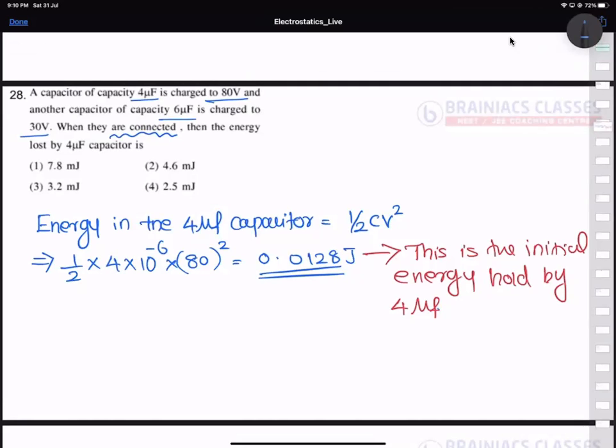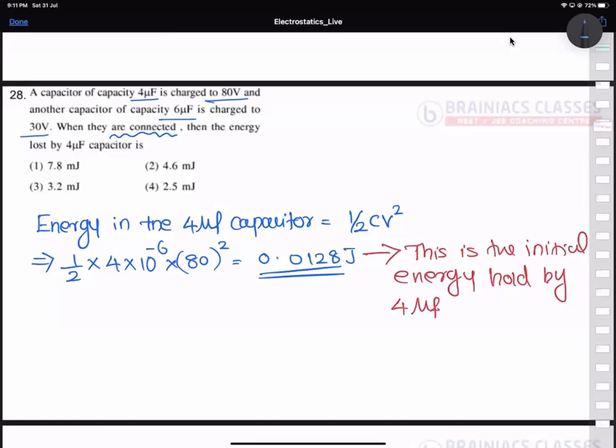Okay, so now we have 2 capacitors. One is a 4 microfarad capacitor and one is a 6 microfarad capacitor. What is the voltage on the 4 microfarad capacitor when they are connected together? The 4 microfarad capacitor is initially holding 80 volt. Now the 4 microfarad and 6 microfarad are connected together.